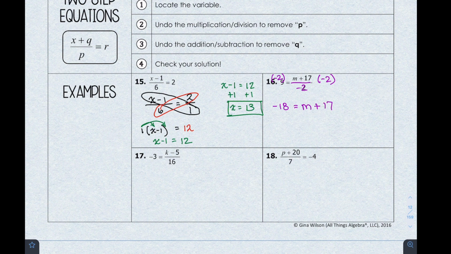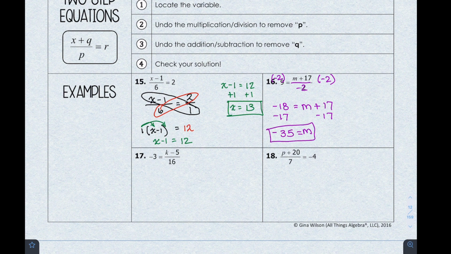Now it just becomes isolate the variable. I subtract 17 from both sides so that m equals. And notice, ladies and gentlemen, I'm not writing that line to show the two sides. If you need it, you write it. But two negatives with adding, I'm adding those really. I'm grouping them together. I end up getting negative 35.